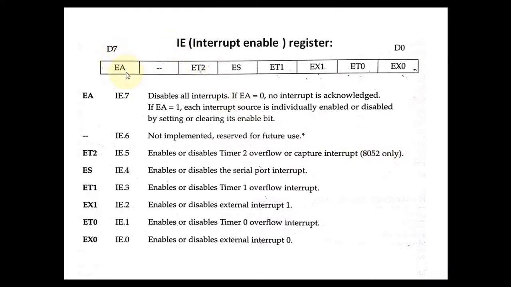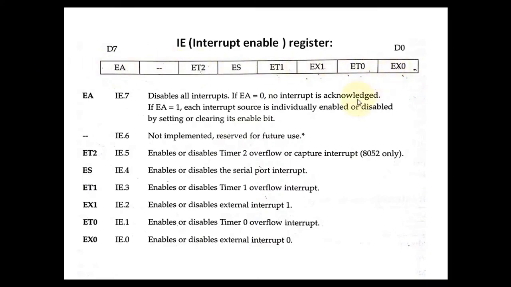And there is the D7 bit, EA, enable all. When this bit is 1, that means all these interrupts are enabled. If it is 0, that means all interrupts are disabled. So we can call it a master enable bit. If I want to use INT 0, what should be the value? 1000 0001, that means 81.